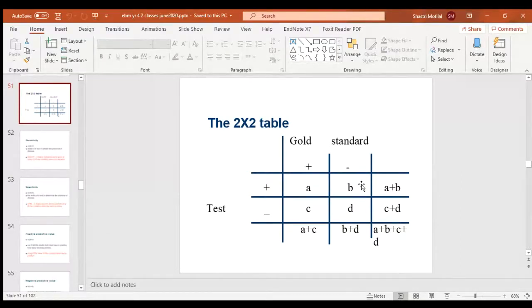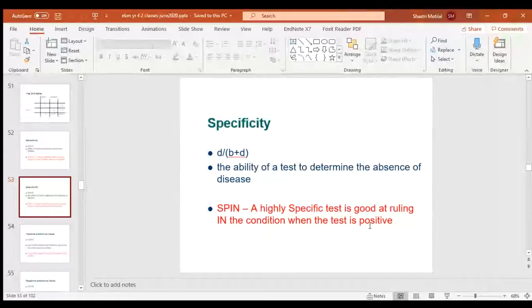So if B is 0 in a highly specific test, and in practice you do your test and A plus B you get positive results, then positive results on your test refer to all the true positives. This is why a highly specific test is good in ruling in a condition. Right? Make sense? Lost anyone so far? You all following?